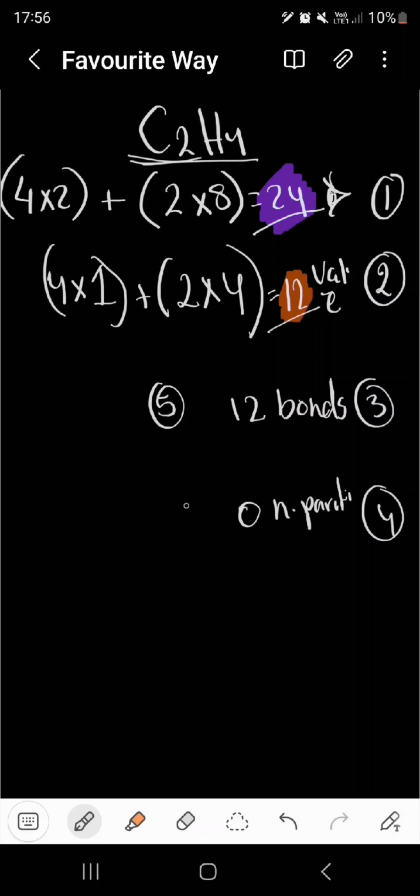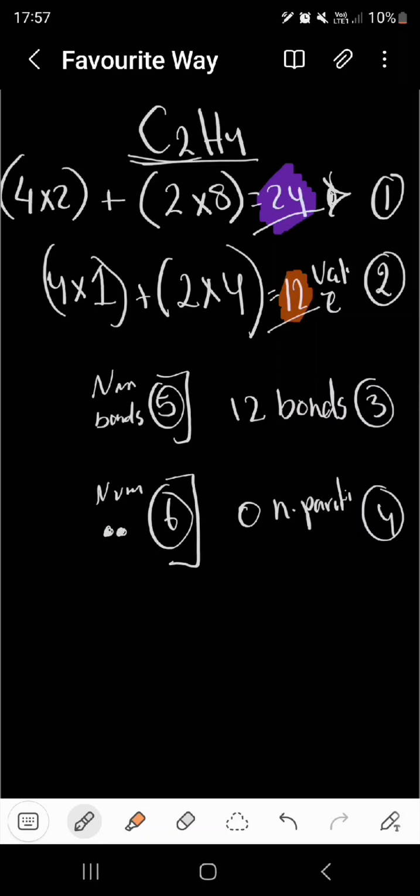Now the fifth and the sixth steps are the number of bonds, عدد الروابط, and the number of lone paired electrons. Numbers 5 and 6 are the ones that will help us in drawing the molecule. So to get them, we are going to divide by 2 for bonds and divide by 2 for non-participant. Now the number of bonds will be 6 and the number of paired electrons will be 0.